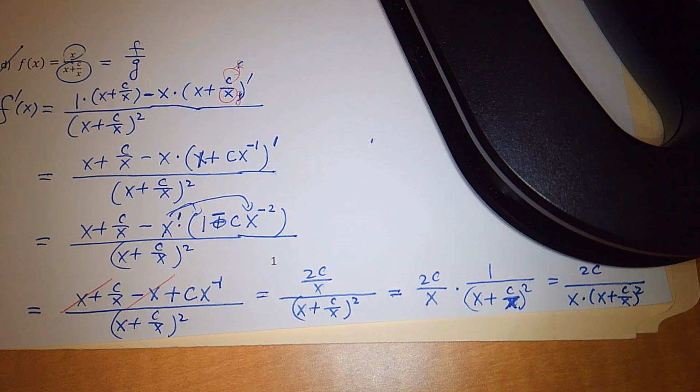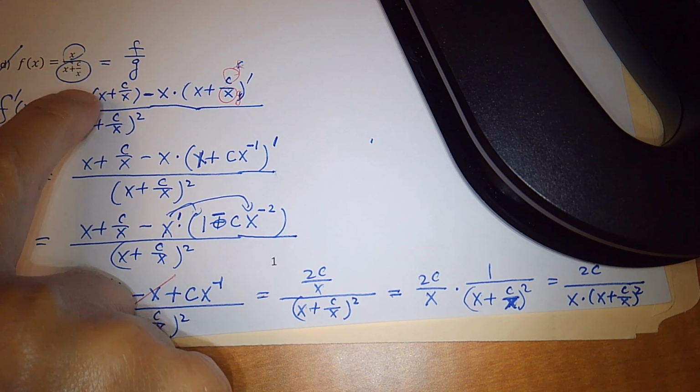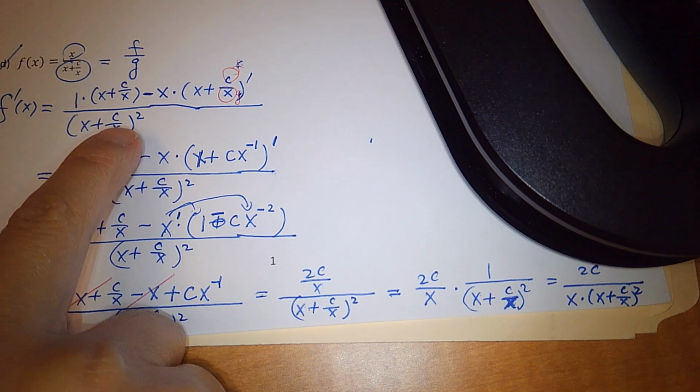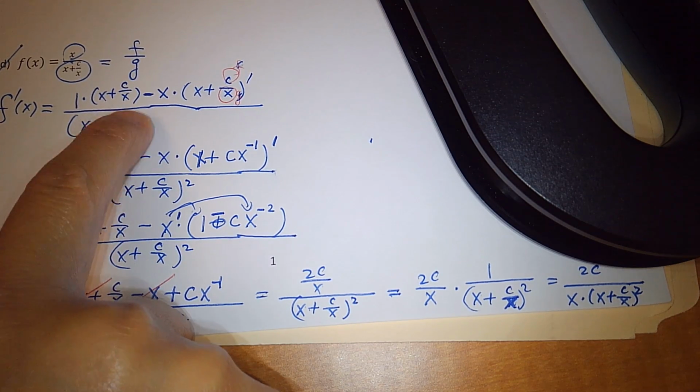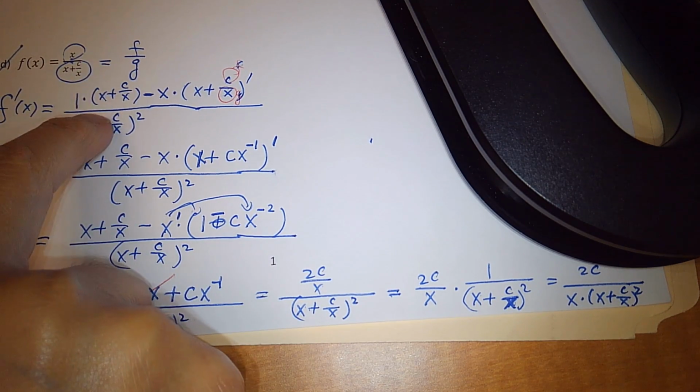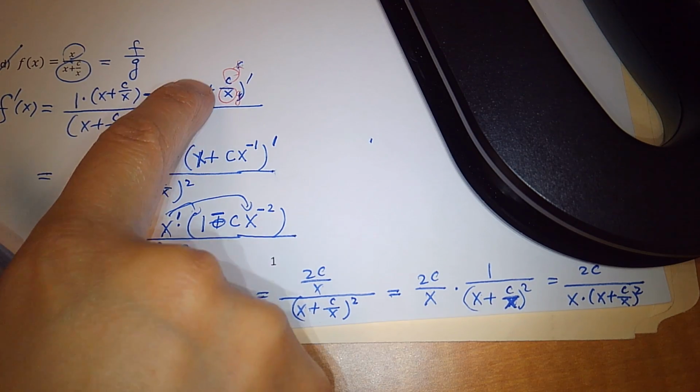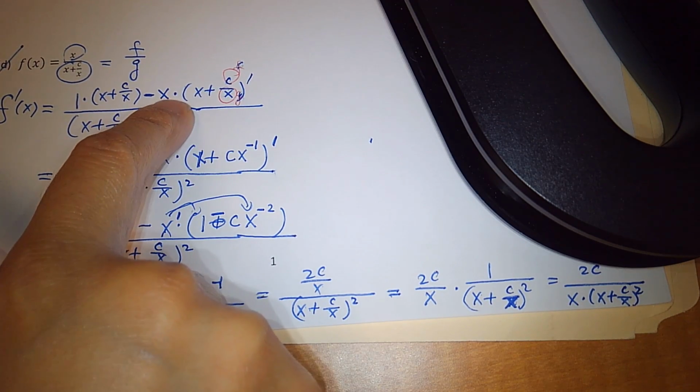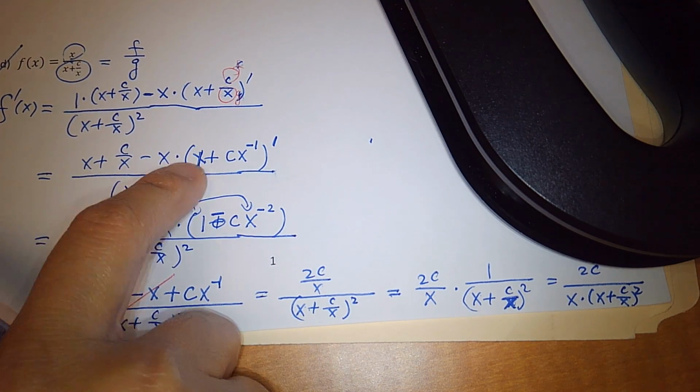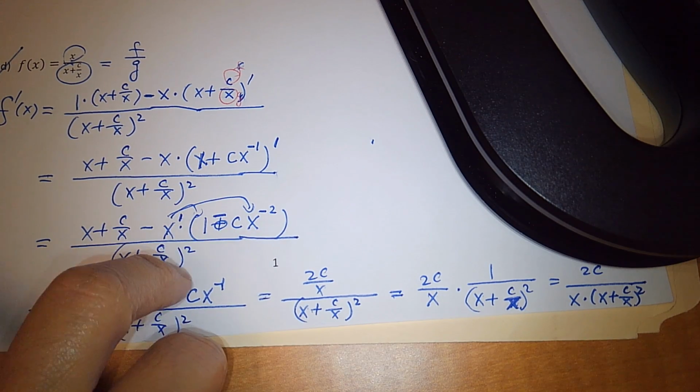This is not an easy question because, see, on the bottom, we have x plus c over x, and then we use the quotient rule, right? Square the bottom. Then we differentiate the top times the denominator, minus the denominator's derivative times the numerator. And then we, what? Simplify, right?